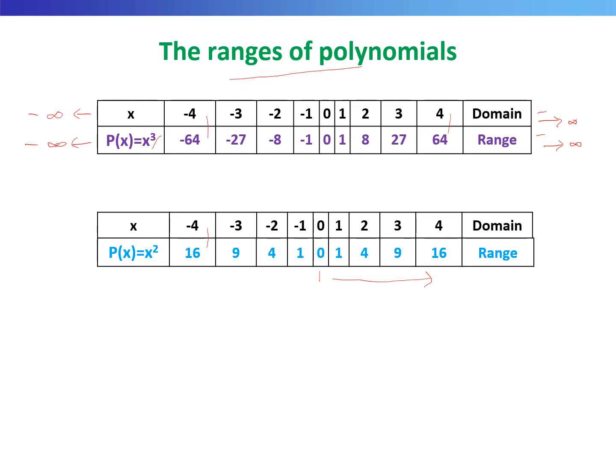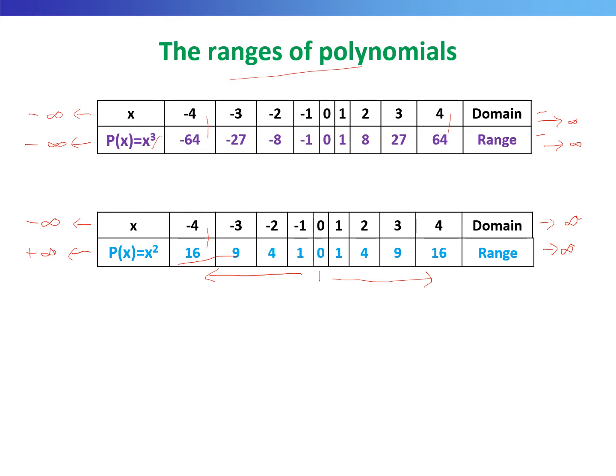So if the domain increases to infinity, the range will also increase to infinity on this side. Let's take a look at the left of the 0. To the left of the 0, the domain will continue to decrease until it gets to negative infinity. However, the range will continue to increase in a positive manner until it gets to positive infinity.